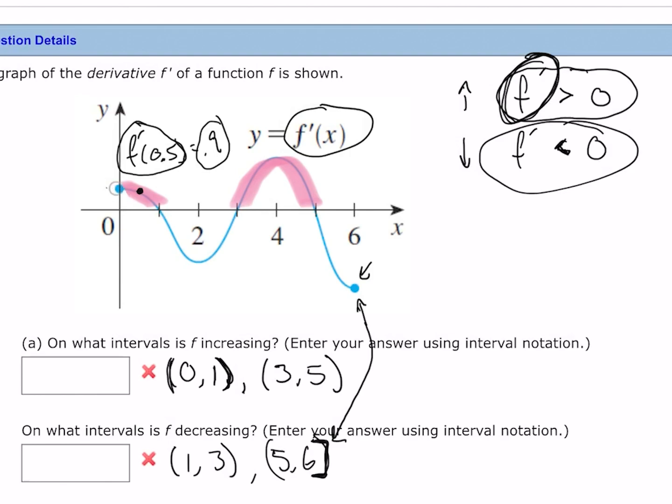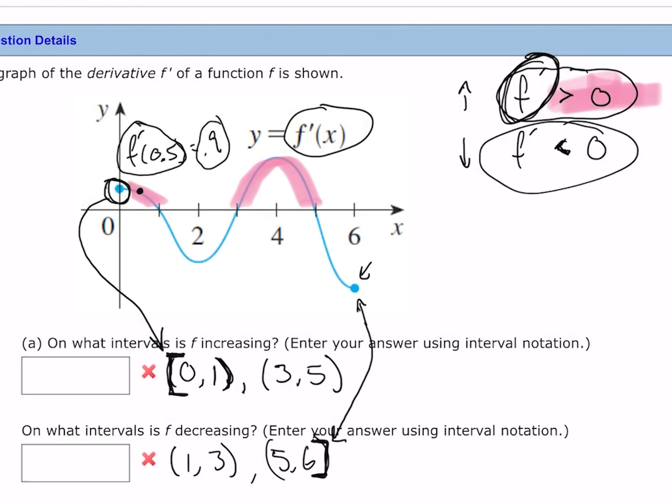It is also, therefore, possible that this closed circle with an x-coordinate of 0 should cause this to be a closed bracket, because that point there that has an x-coordinate of 0 does for sure have a y value that is greater than 0.